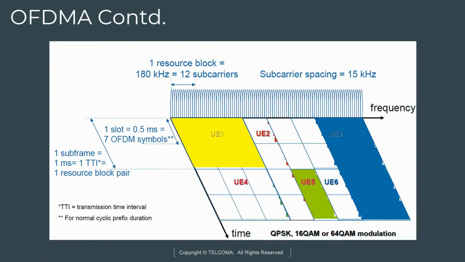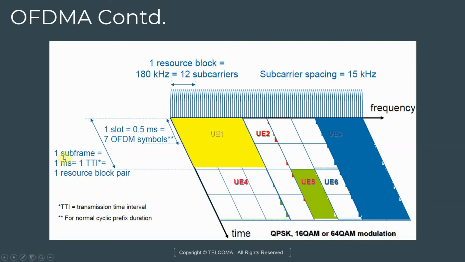This resource block spreads obviously on the frequency domain. It encompasses 12 subcarriers, but on the time domain, it refers to one slot. One slot is 0.5 milliseconds. So this is a resource block: 12 subcarriers for a period of one slot, which is 0.5 milliseconds.